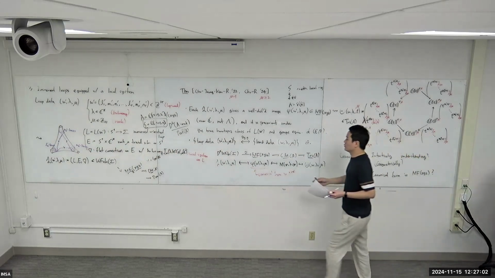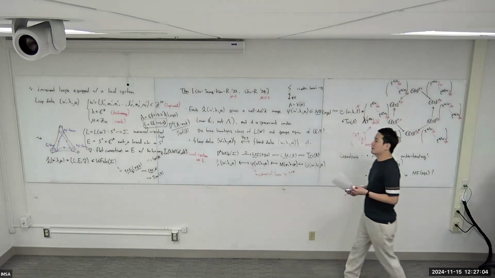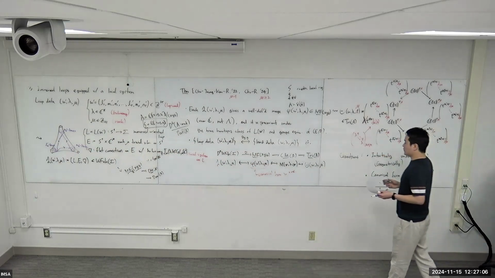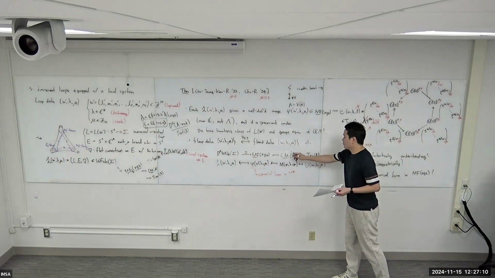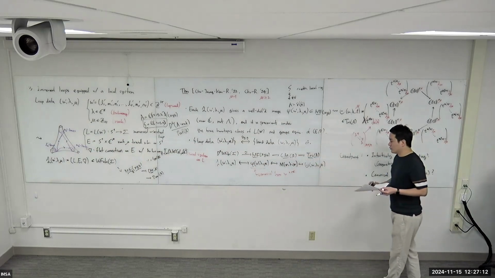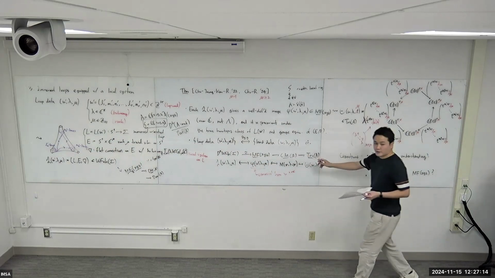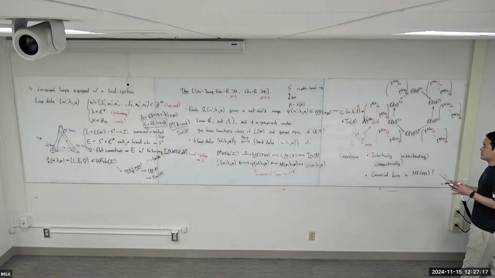So we can do it in loop data. So now we have a systematic way to compute the so-called triangulated structure, also some mapping cone operations, using geometry.